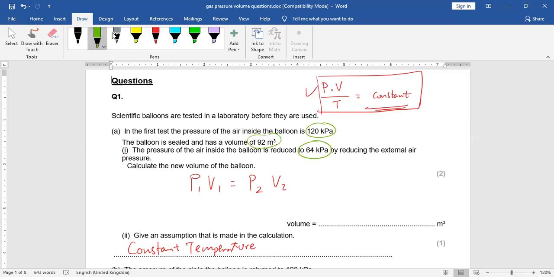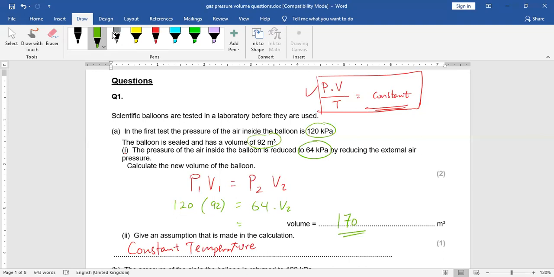The pressure is 120, volume is 92, this one is 64 and the volume 2. That's the equation. Now you can use a calculator and I get the answer is around 170.